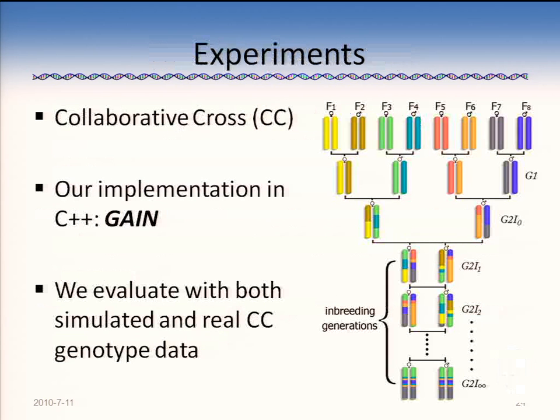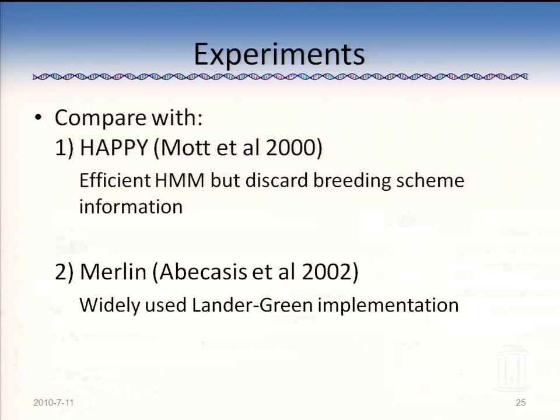We conduct our experiments on data and implement our algorithm in C++. We evaluate with both serial and cross genotype data. So we compare with Happy. Happy is an analysis framework.